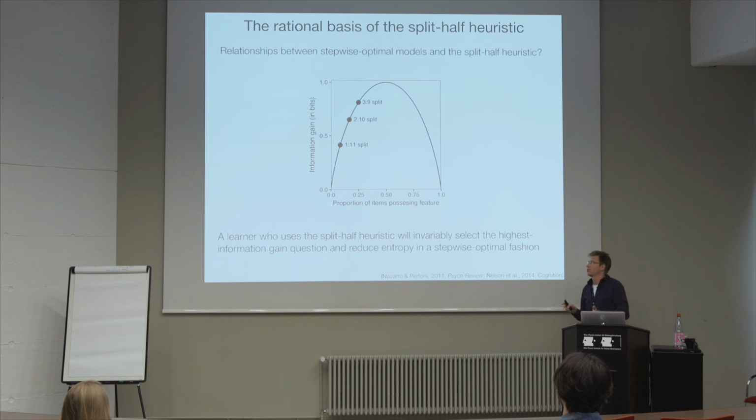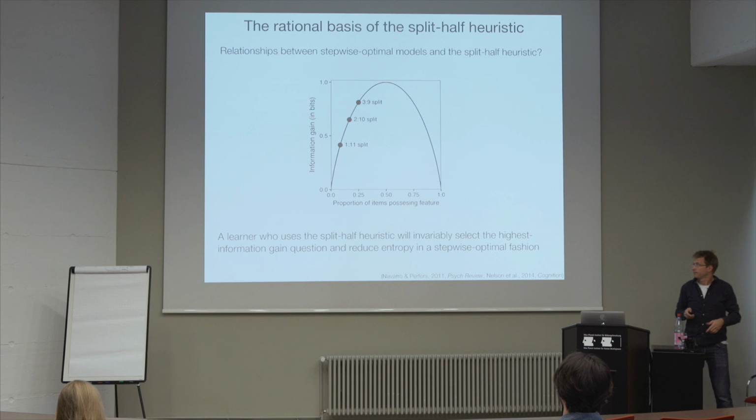the maximum expected reduction in entropy, and that decreases monotonically in both directions from that maximum. You can see here that a 3 to 9 split has this information gain, 2 to 10 this. And you see that the rank ordering of the splits corresponds exactly to the rank ordering of the amount of uncertainty reduction.